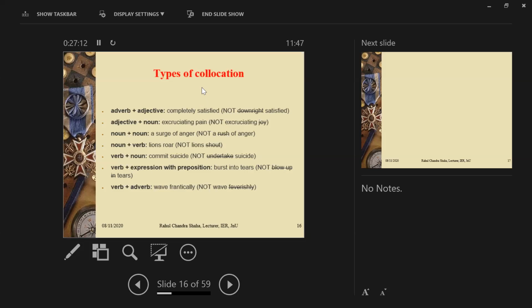Okay, did you understand what the types of collocation are? Hello. Yes sir, sorry sir, we couldn't catch you clearly. I think there is some network issue from your side. Yeah, obviously there is a strong network problem from my side because my network is unstable due to connection problems, and although there are many barriers to continuing my classes, I am very eager to continue my classes with your help.